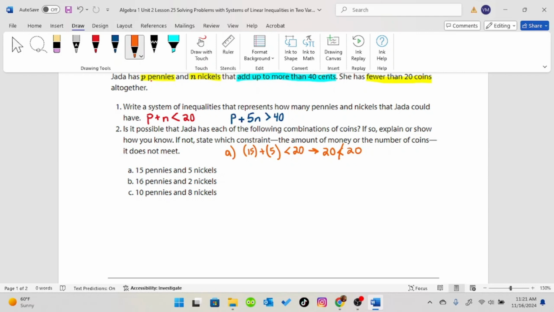Let's check the second constraint. We would have P, which is 15, plus 5 times N, which is 5, and that must be more than 40.